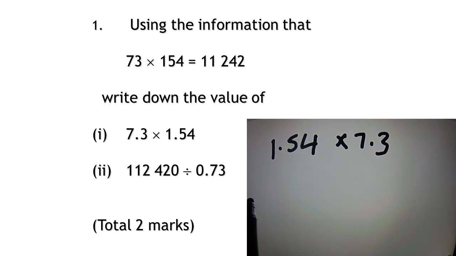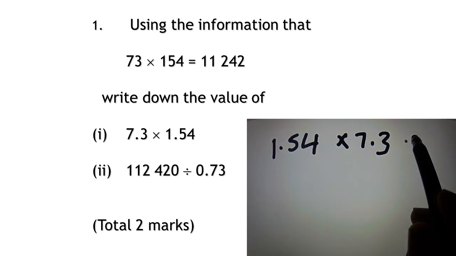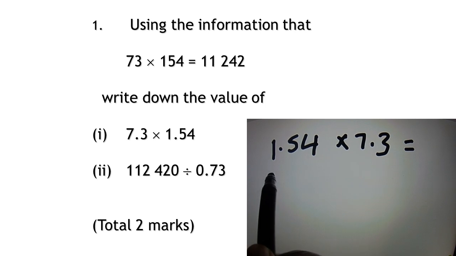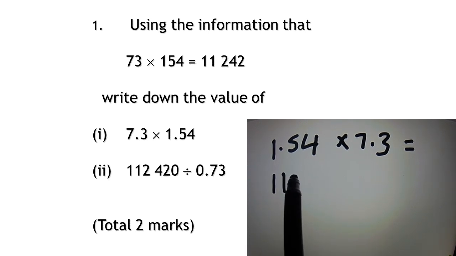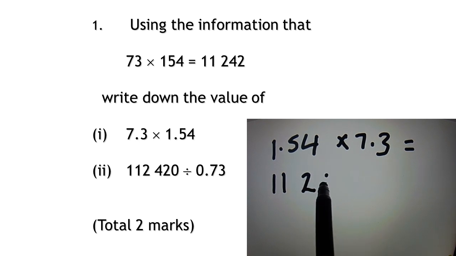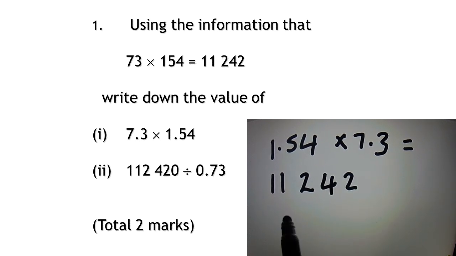If we look at this, the answer must include 11,242, because at the top it says 73 times 154 equals 11,242.